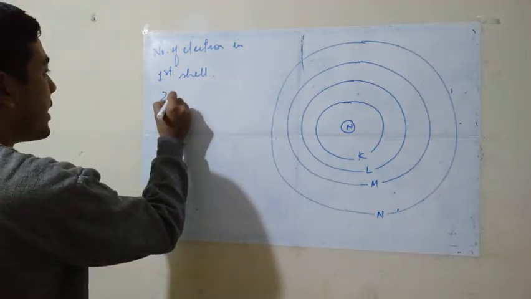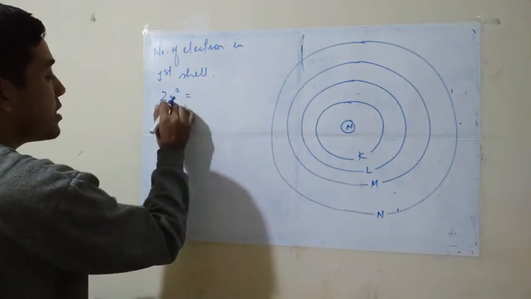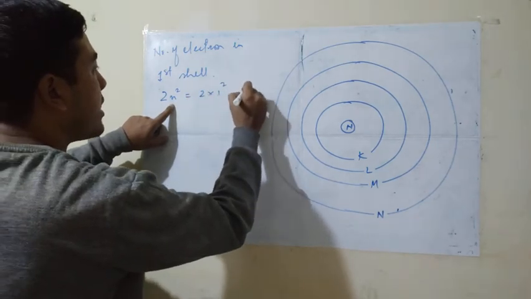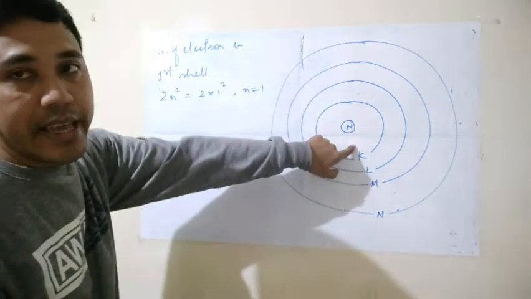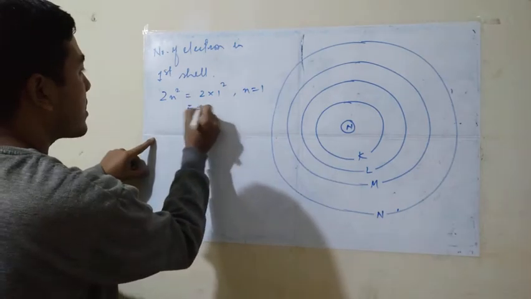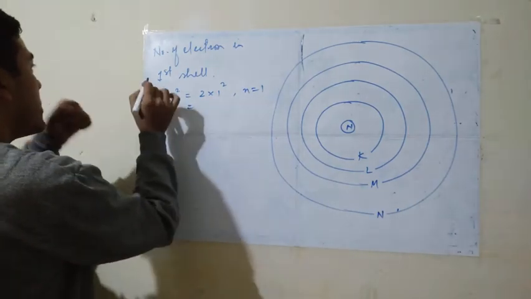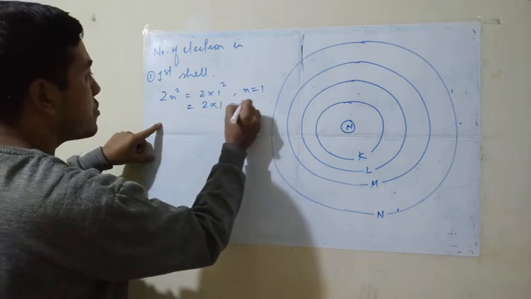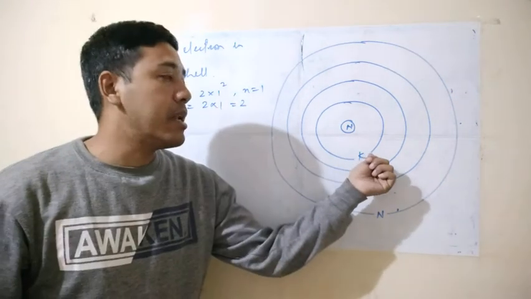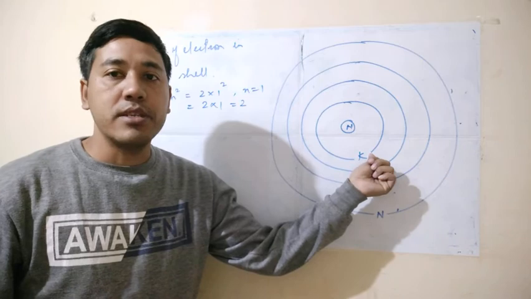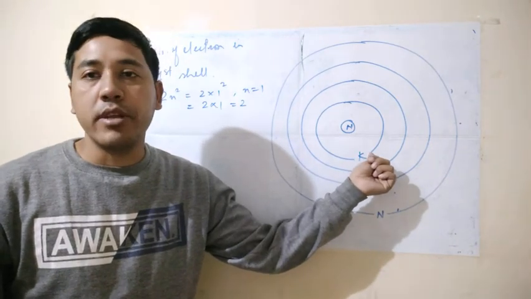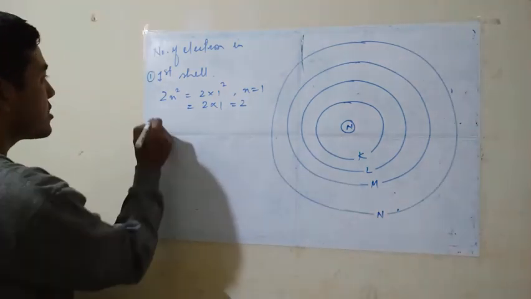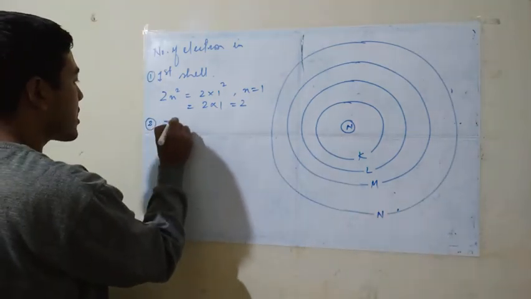Now look here, the formula of electronic configuration is this 2n square, right? In the first cell, 2 into 1 square, where n is equal to 1. 2 into 1 is equal to 2. The maximum number of electrons which can be present in the first cell should be not more than 2, okay? 2 or less than 2, right? And the second, this one is the second cell.